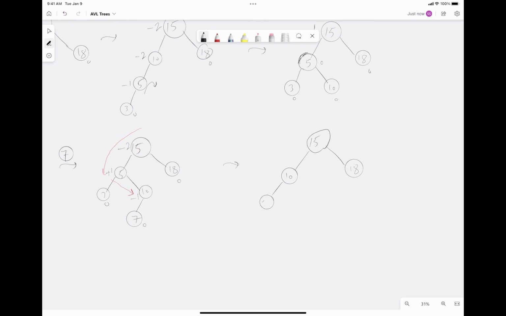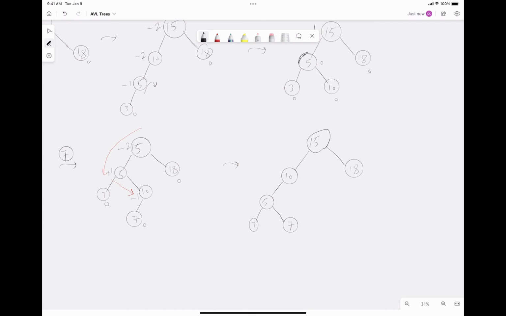So here we have 5, and then here we have 3. Now we need to do something about the left child of 10. The left child of 10 now will be the right child of the 5.